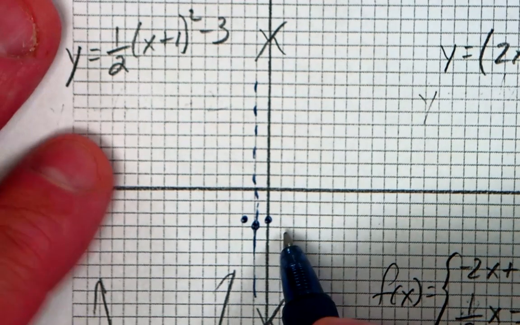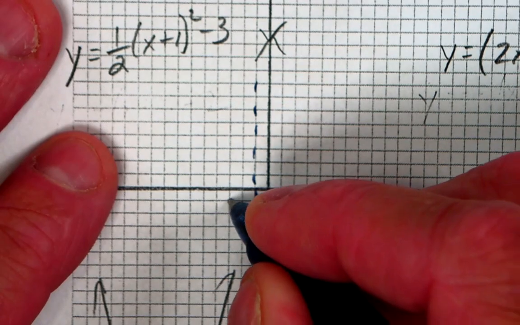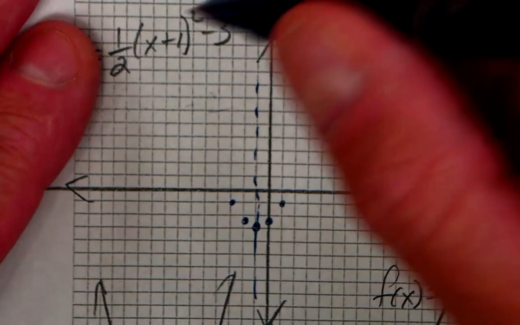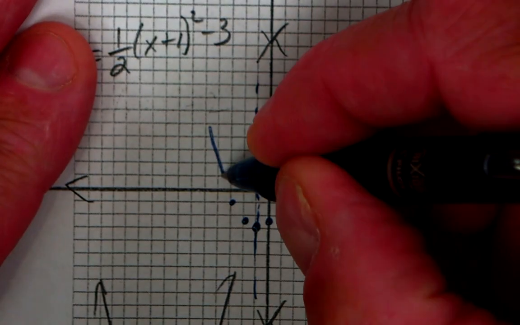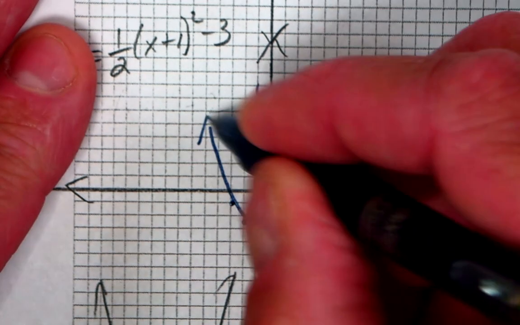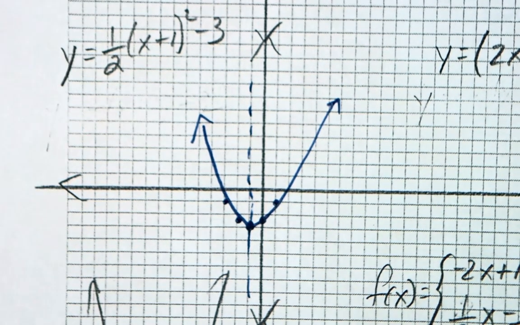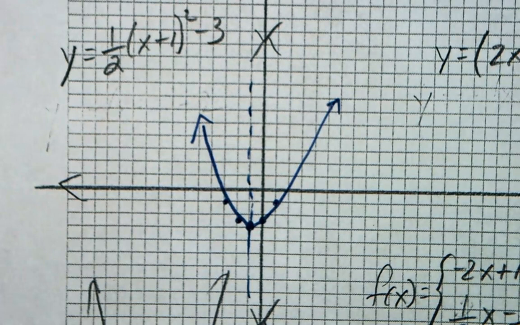We usually go over 2 and up 4, but in this case we're just going to go up 2. So everything's half as tall as it usually is.